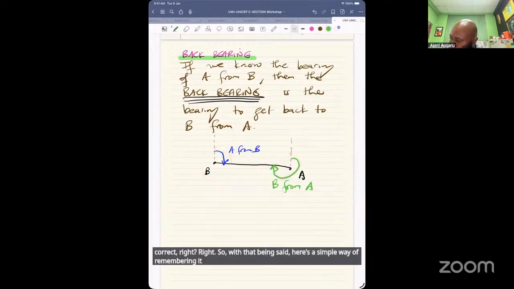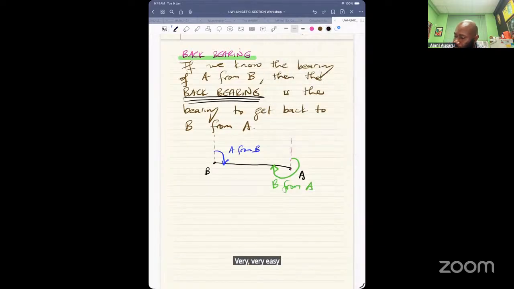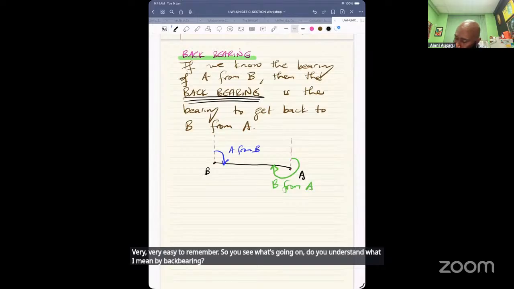I'm going to give you two little notes here, and you're going to see how easy it is. Very, very easy to remember. You understand what I mean by back bearing. So once you understand that, I'm going to write this so you can remember very easily.